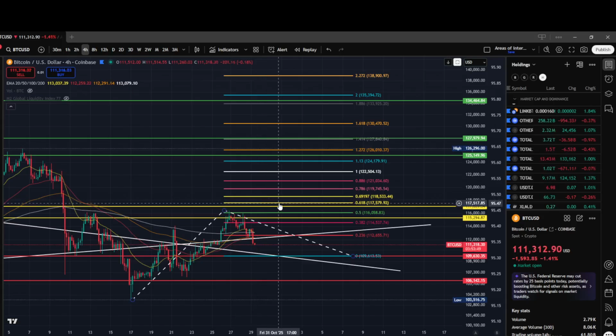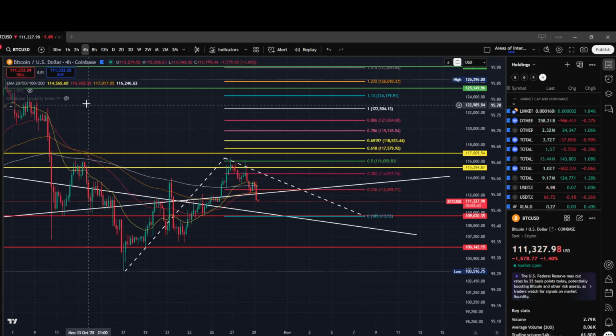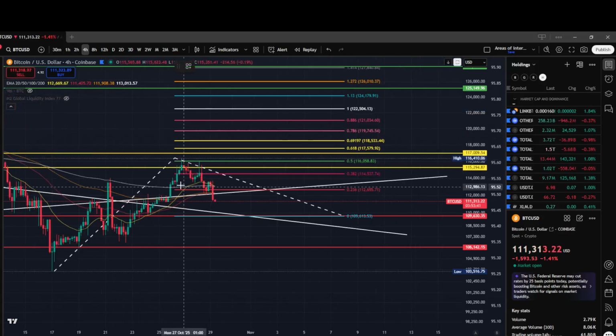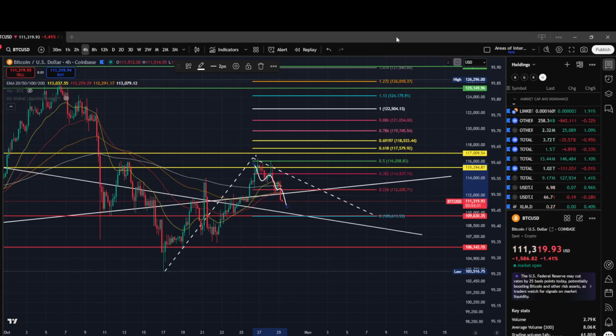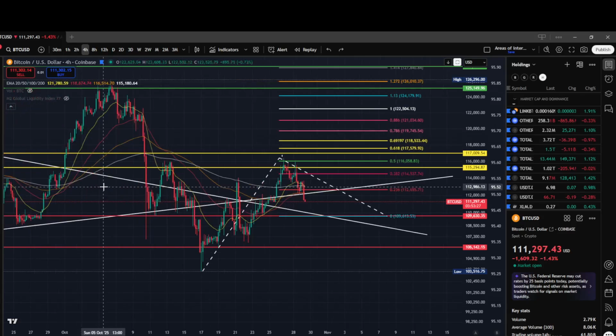I don't cover Bitcoin very often, but we had this scenario where we could have been in a 3-wave move. Now we're definitely in a corrective move. We need 5 now to the downside.